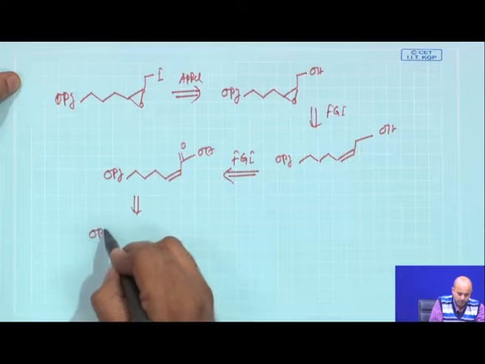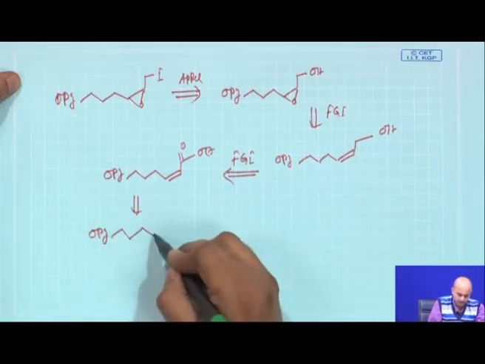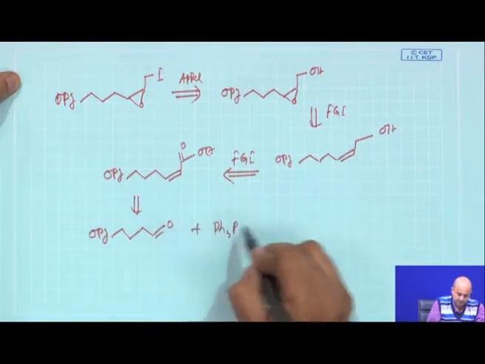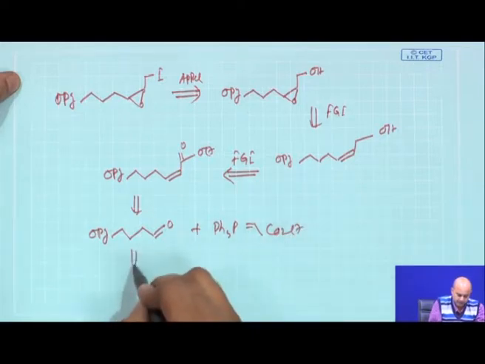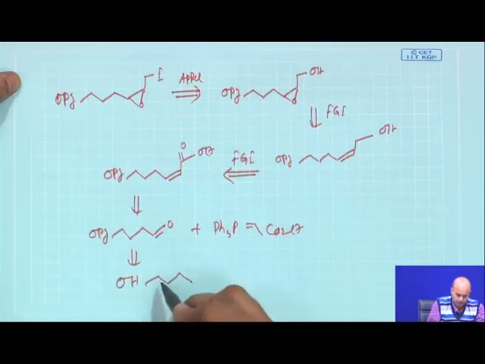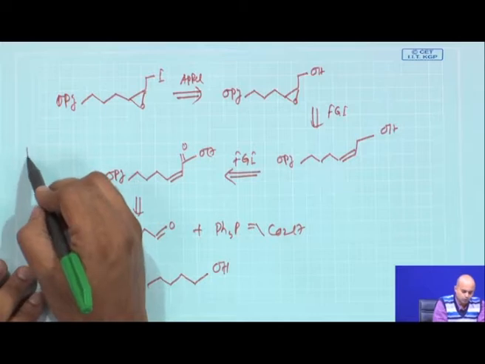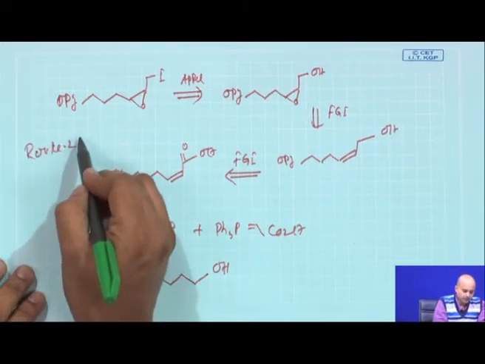If you now have this OPG 1, 2, 3 with a Wittig reaction. Now, in principle, this can be easily made from the starting 1,4 butane diol 1, 2, 3, 4. Now, this is route 2, and route 1 is pretty simple.